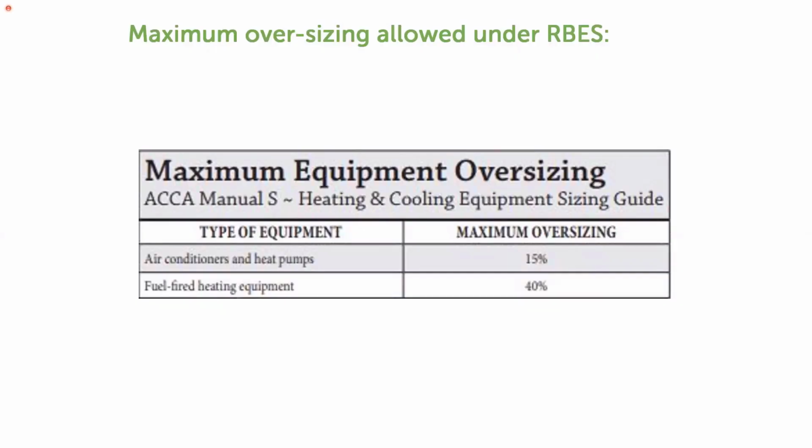And as it's called out in the code specifically, these are the maximum oversizing limits allowed under RBES. So for AC and heat pumps, maximum oversizing of 15%, and for fuel-fired equipment, maximum oversizing of 40%. Oftentimes you do see a lot of buildings where the default is putting in a modulating condensing boiler that has a modulation range from, say, 20,000 BTUs to 120,000 BTUs.